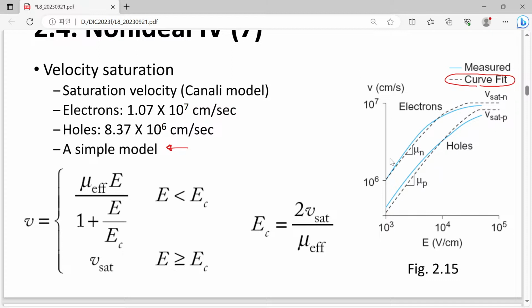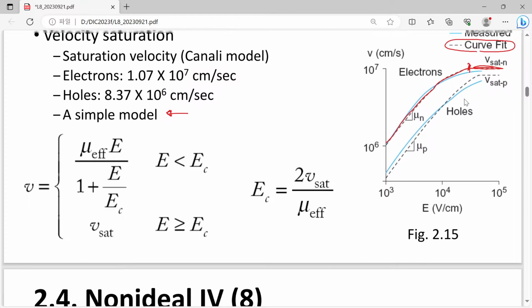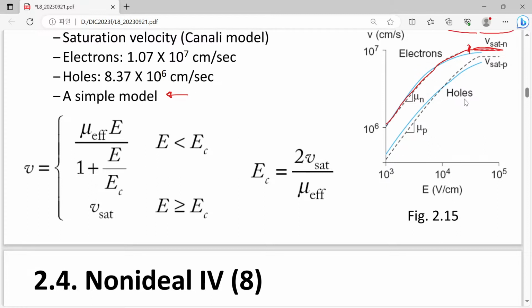At least when we have a look at this curve, when we have a relatively low electric field, we have a linear relation. After that, it is saturated, and beyond a certain level, constant saturation velocity occurs. So I want to say that it's not that awful. At least we can start from it.